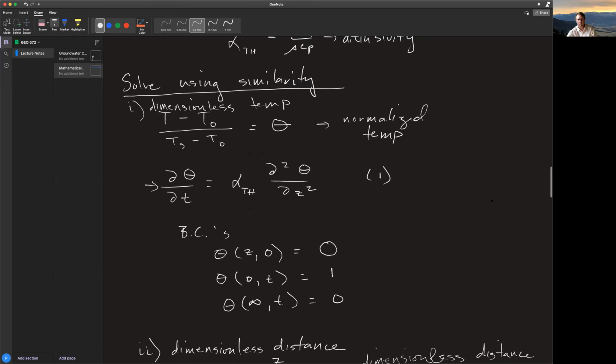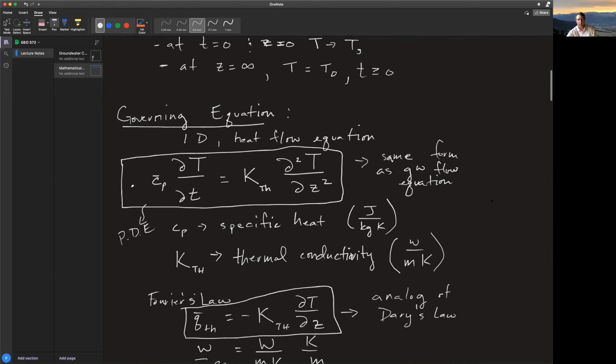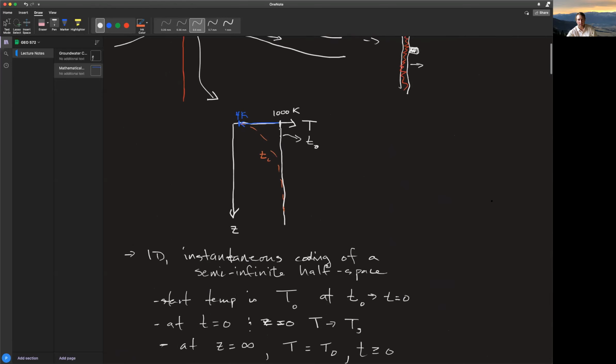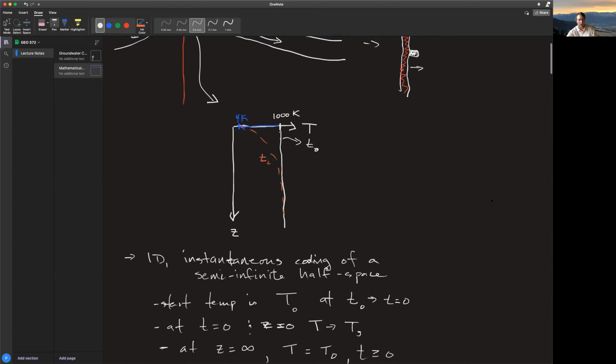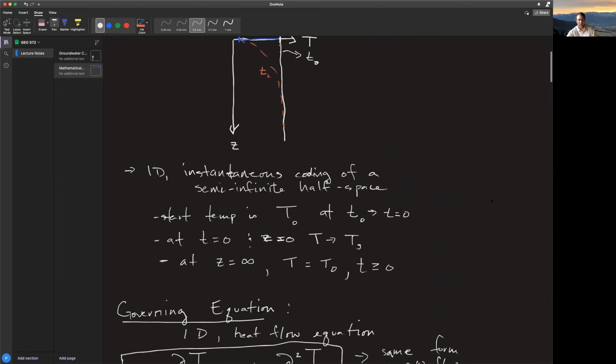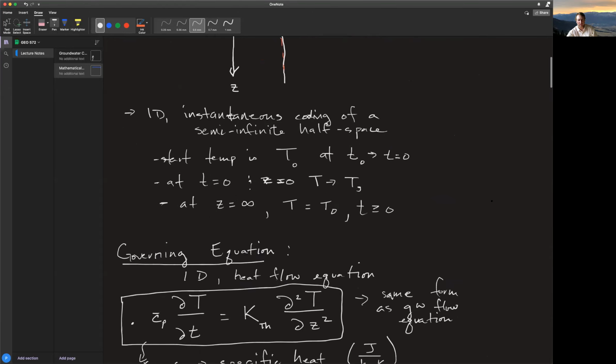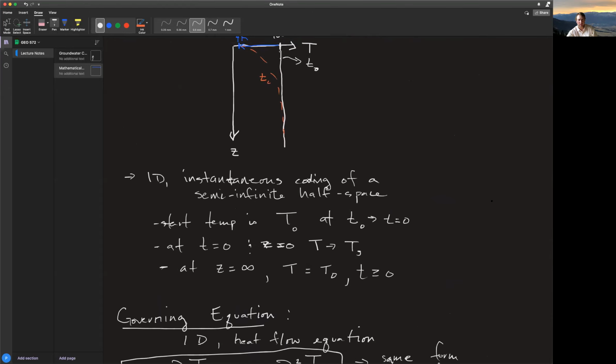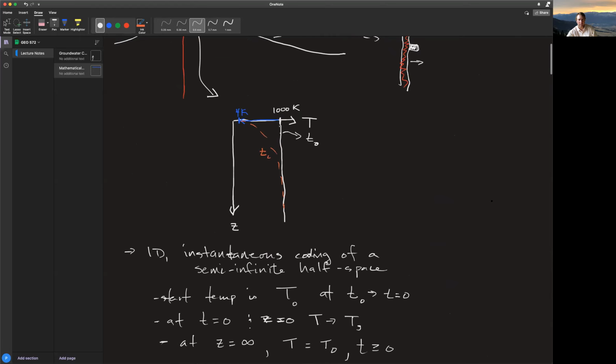Here we have one-dimensional heat flow. We're not considering any other dimensions. We're saying that the thermal conductivity is constant and the heat capacity is constant. And we've implemented very basic boundary conditions, these step changes in boundary conditions.